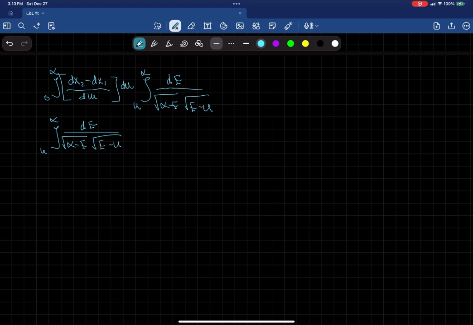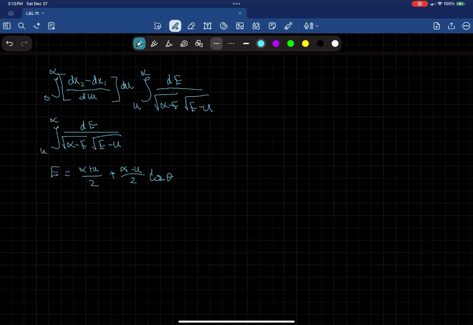Now I can make a substitution here where E is equal to alpha plus u over 2 plus alpha minus u over 2 cosine theta.